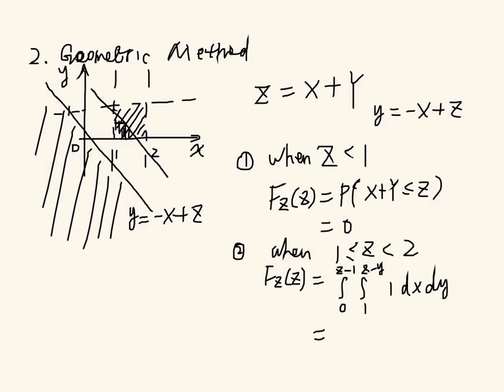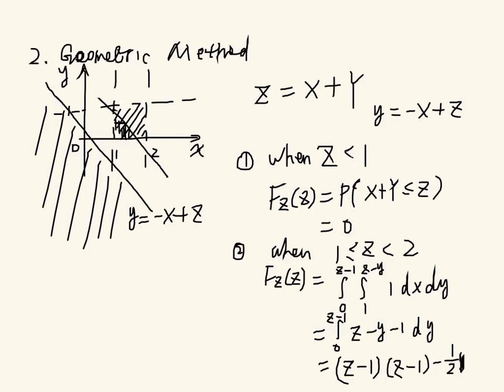So we have this is equal to the integral of z minus y minus 1 from 0 to z minus 1 dy, which is equal to z minus 1 times z minus 1 minus half of z minus 1 squared.